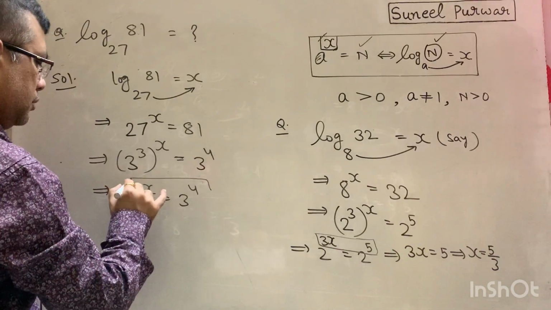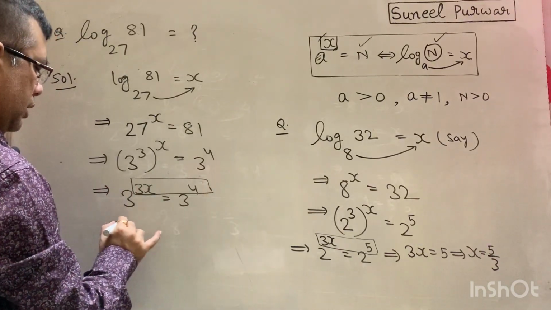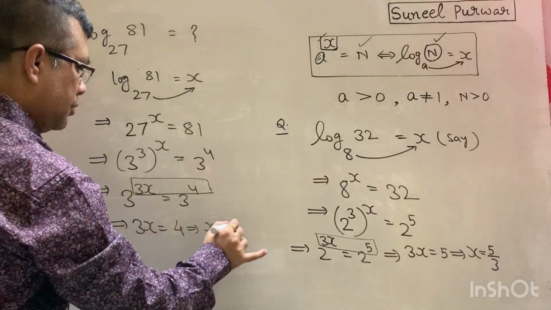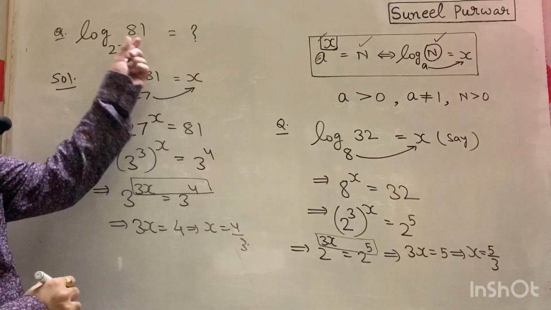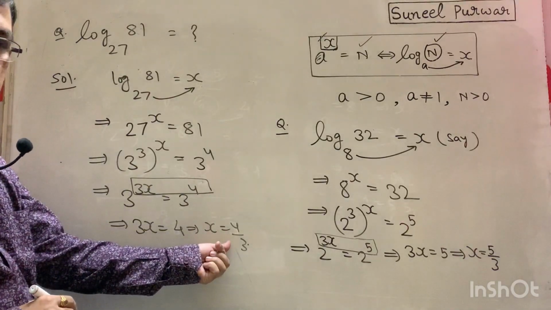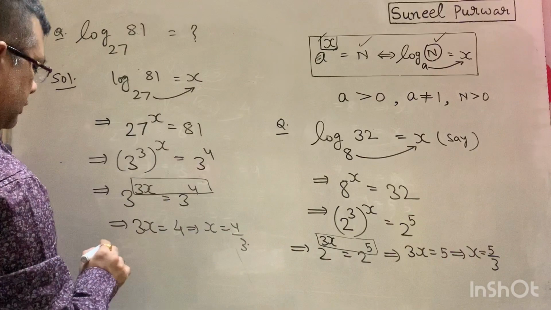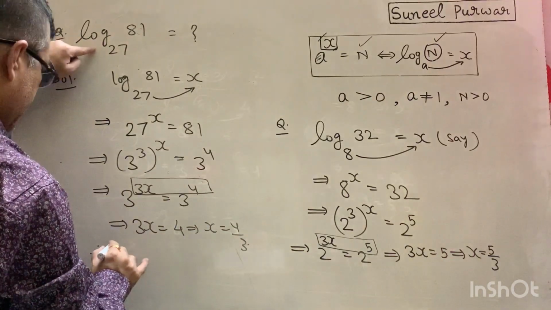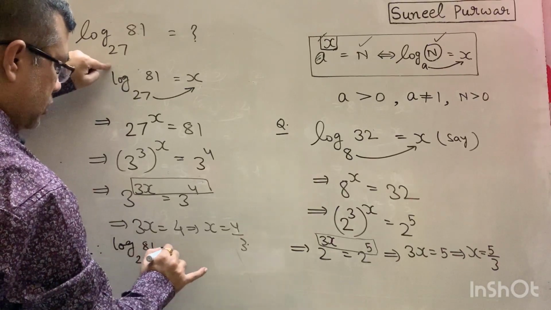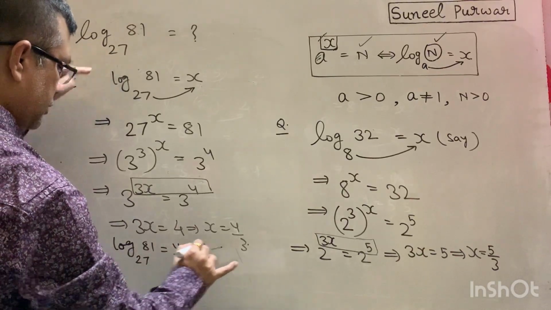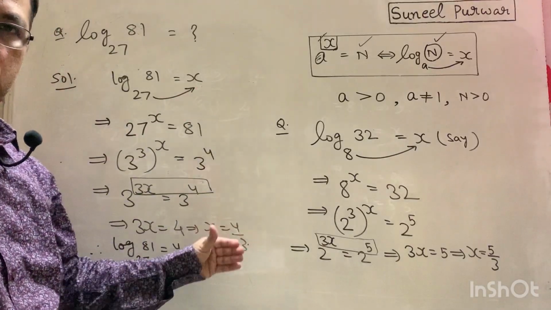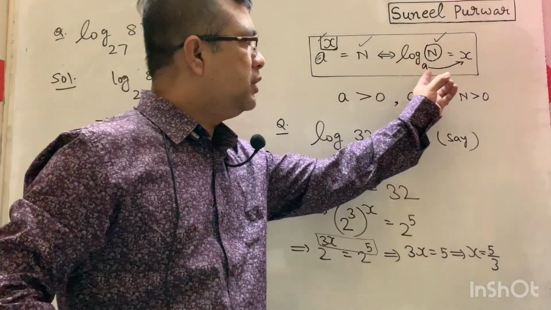So compare the exponents and you get 3x equal to 4. So what is the x value? 4 by 3. And this logarithm we called x, and the value has come out to be 4 by 3. Okay. So log of 81 at the base 27 comes out to be 4 by 3. So this is how you can calculate logarithms using this definition.